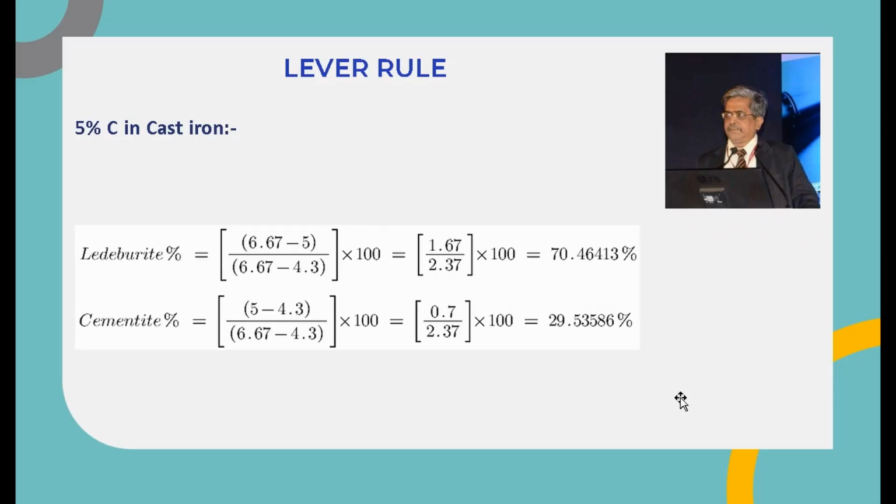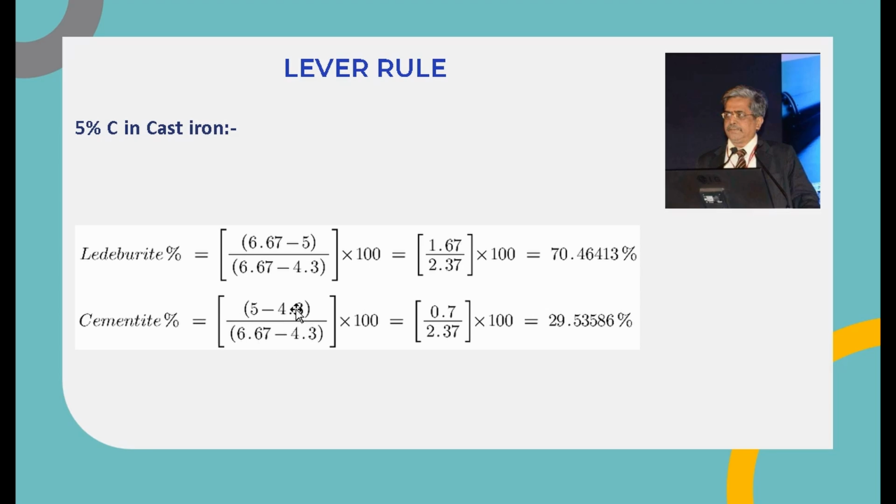See here, ledeburite and cementite. For ledeburite, 6.67 minus 5, that is the branch opposite to ledeburite touching cementite, divided by the total distance. Cementite percentage, the branch opposite to cementite touching ledeburite, 5 minus 4.3, divided by the total distance.